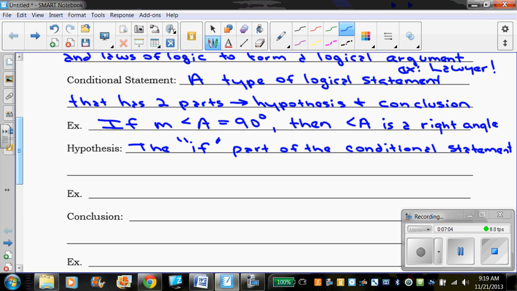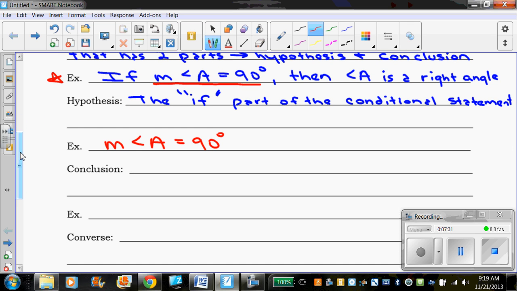So if you look at this example that we created, the hypothesis for this statement up here is this part right here, because that's the if part. If your measure of angle A is equal to 90 degrees, that's our hypothesis, and you can probably figure out that the conclusion is the then part.